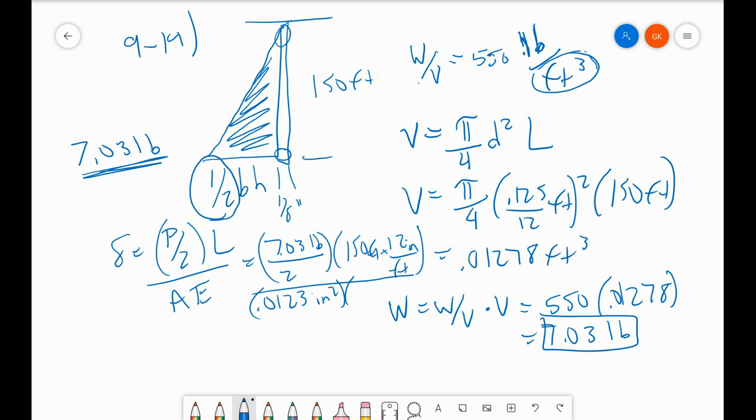We can look that up. That's equal to 0.0343 inches.